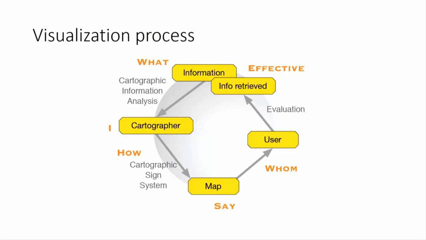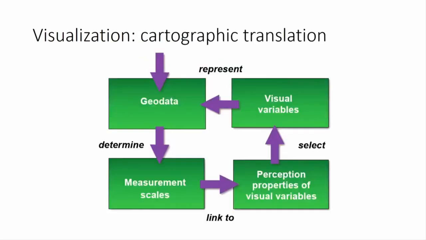We can quickly create a map, do some initial evaluations from the end user's perspective, maybe sometimes involve some of the end users and get their feedback, accommodate it, and correspondingly redesign the whole thing. So this whole cycle is a part of the visualization process.